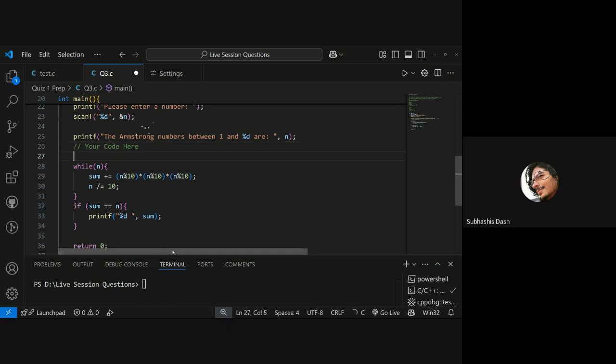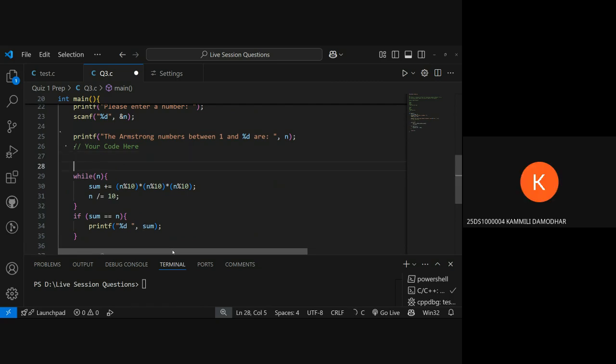So now, how do we modify this code in order to print every single Armstrong number between 1 and a given n? Again, writing some range, checking every number for this part. That is correct.